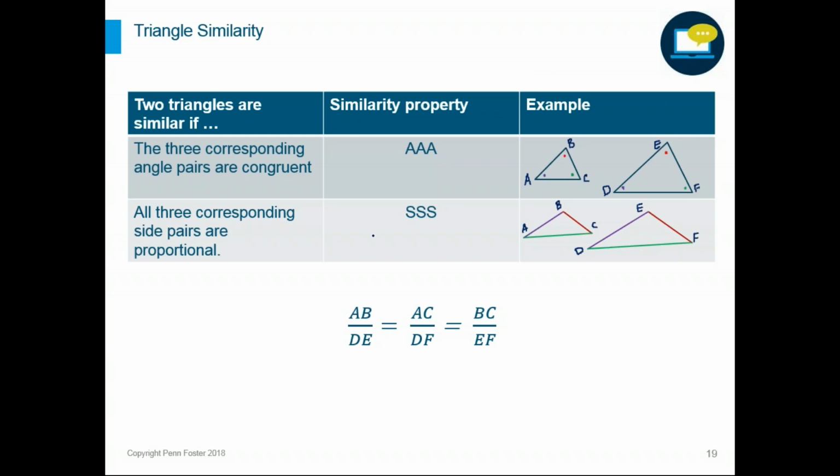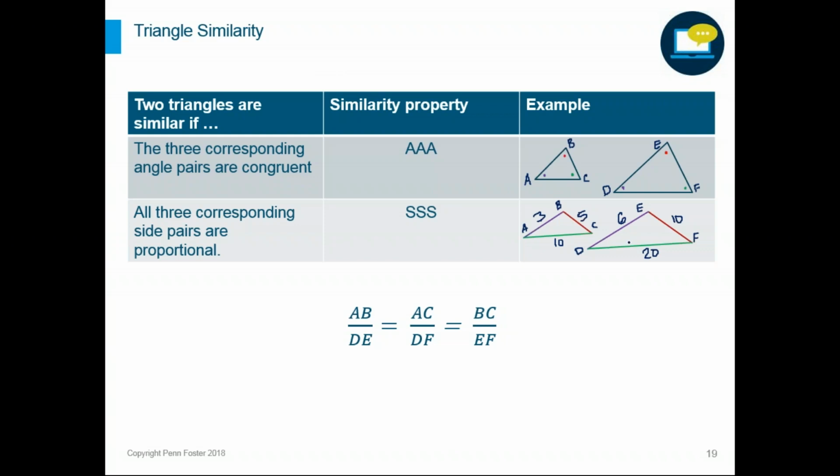Another condition that, if we were able to prove it's true, will make the two triangles similar is when there is a proportion between the corresponding sides of the triangles. So for example, if this is 10 and this is 5, if this is 6 and 3, if this is 20 and 10, then they are similar.